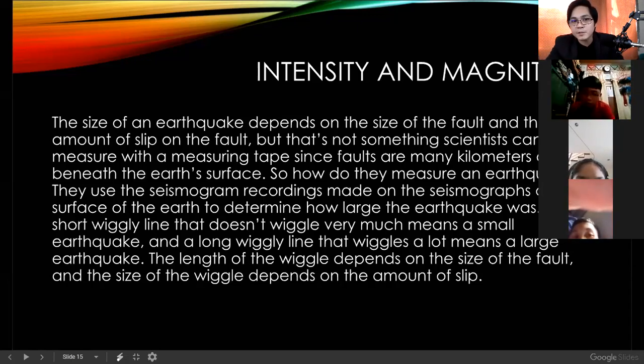And then it measures the intensity of the movement. It cannot predict, but it can actually measure the amount of intensity, right?